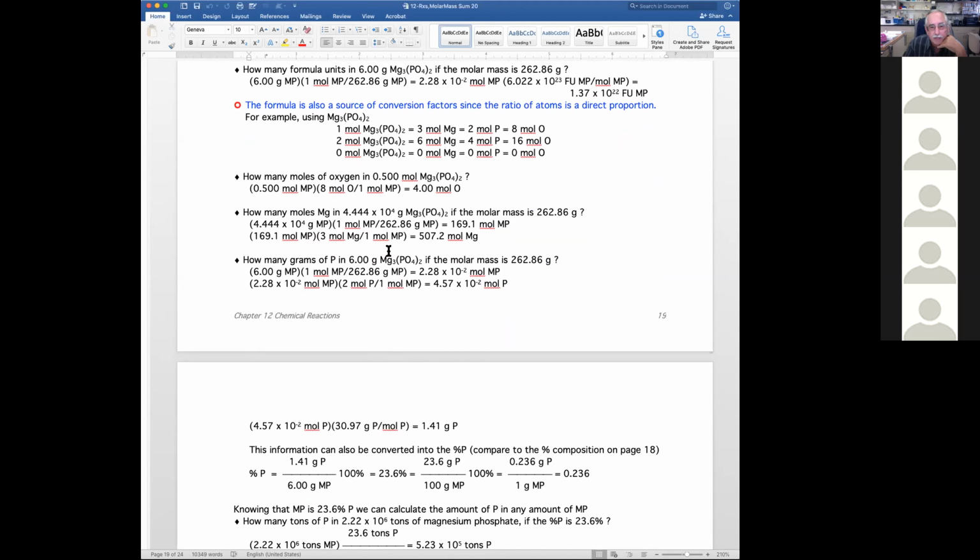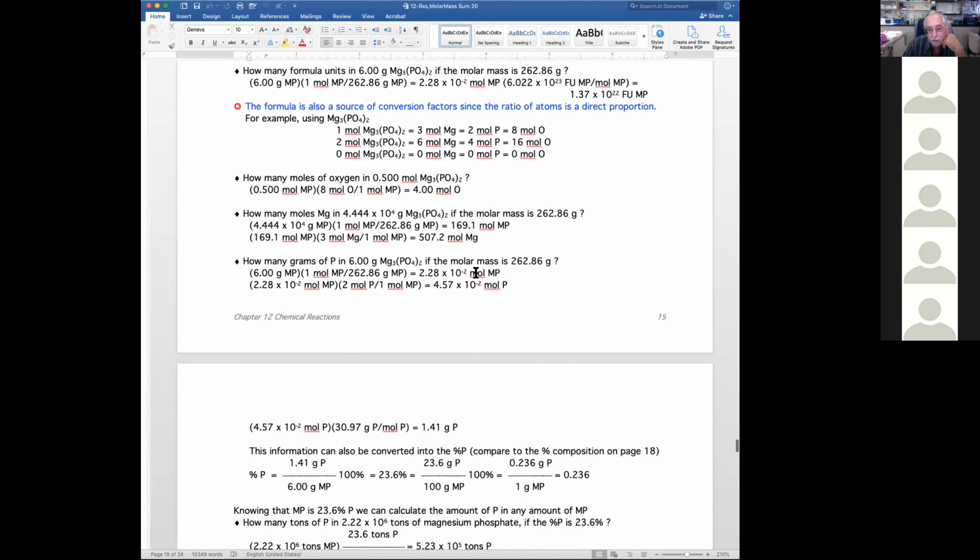So I got 6 grams of magnesium phosphate. That is simply a conversion factor, right? So I first have to go to moles. Then I got moles of magnesium phosphate. What do they want again? They want grams of phosphorus. So I got to go from moles of magnesium phosphate, get rid of that, go into moles of phosphorus. So now I got the moles of phosphorus.